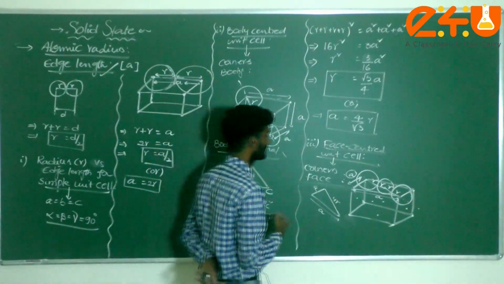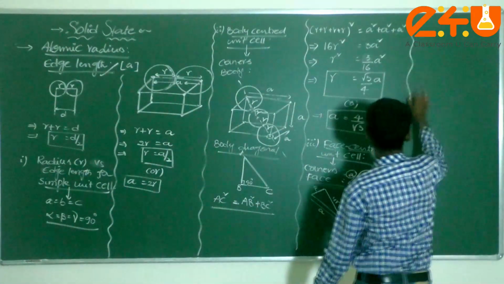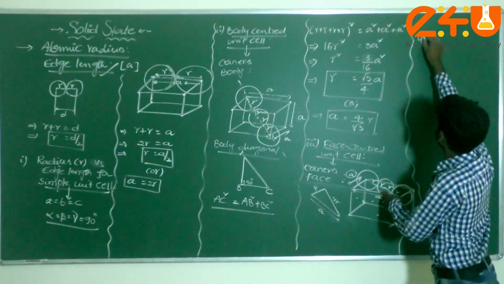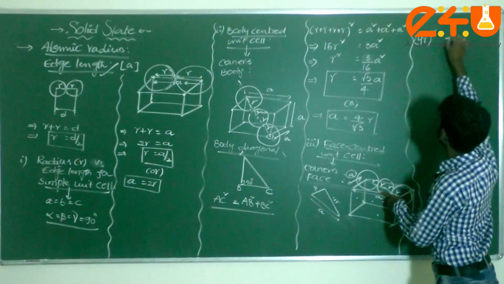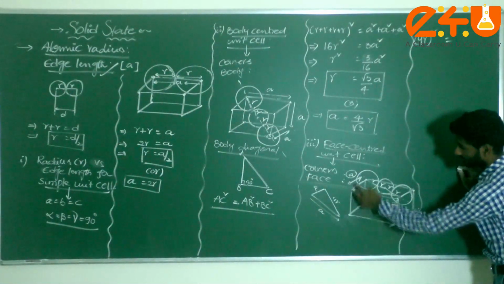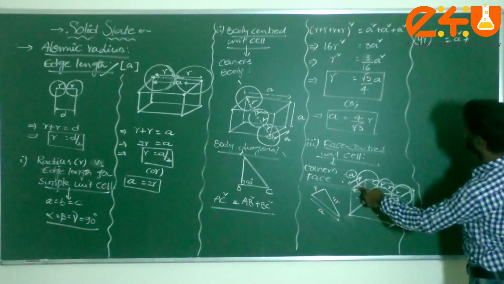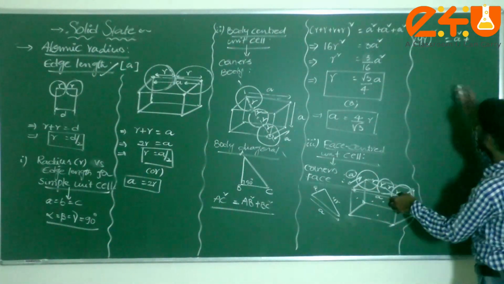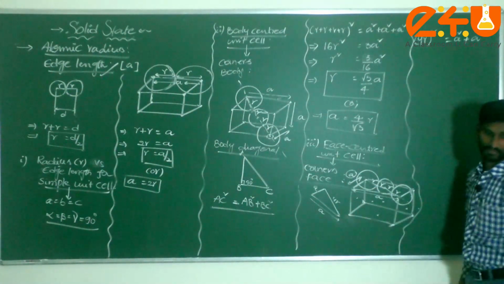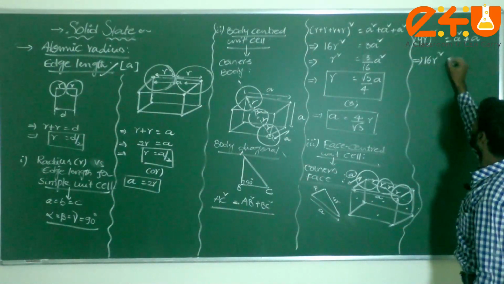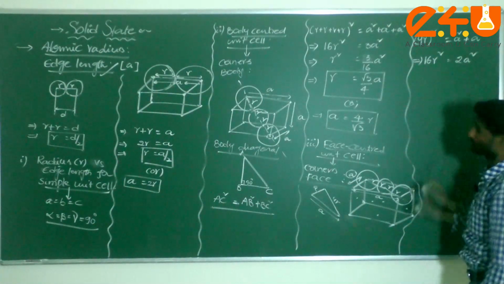Then according to the Pythagoras theorem, check it here. This r plus r, I can write directly 4r, whole square, which is equal to, tell me, what is the edge length, dear student? This is a square plus a square. Am I correct or not? Then I can write 16 r square is equal to 2 a square.